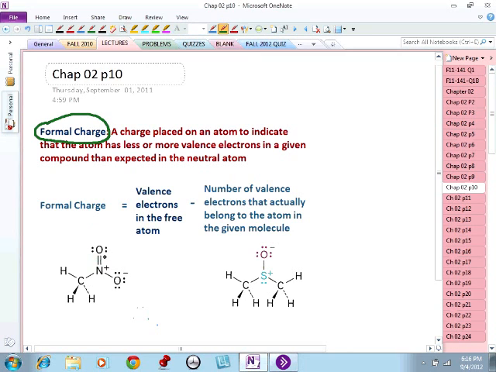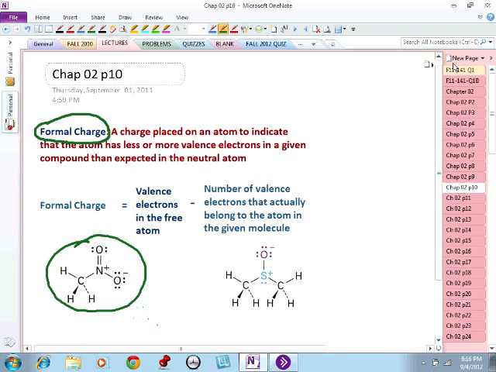Now, take a look at this molecule here. This is a stable molecule. What we have here is a charge of +1 on nitrogen and a charge of -1 on oxygen.